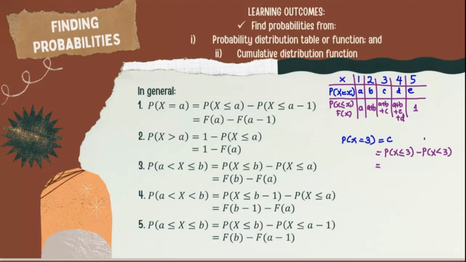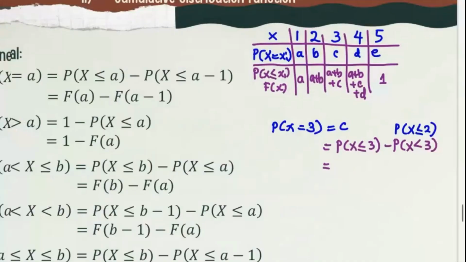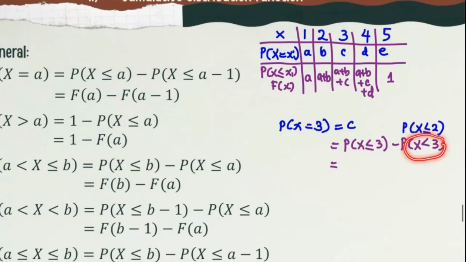Ini pun sama maksud dengan P of X less than or equals to 2. Okay, so simbol equal dengan not equal tu memainkan peranan apabila dia discrete. Okay, sebab discrete dia adalah exactly 1, 2, 3, 4, 5 macam tu kan. So kalau dia kata dekat sini not equals to 3, maksudnya dia tidak termasuk 3. So yang dia termasuk adalah nombor sebelumnya, which is X less than or equals to 2. Okay, so that's why kat sini dia boleh jadi warna biru, boleh jadi warna purple ni. Dua-dua membawa maksud yang sama.